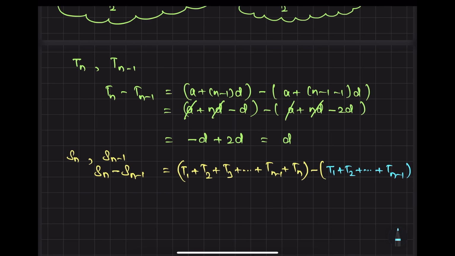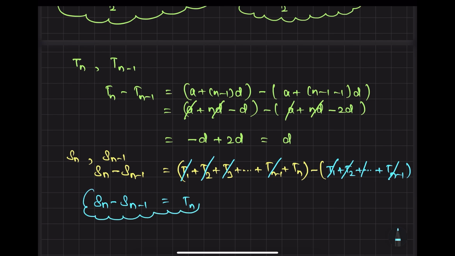Now if you'll observe, T1 is in both things. One is plus, one is minus, so it will be neutralized. T2 will be neutralized, T3 will be neutralized, Tn minus 1 will be neutralized, and we will be left with Tn. Okay, so now you can memorize that Sn minus S of n minus 1 will give you Tn, and it is applicable everywhere.